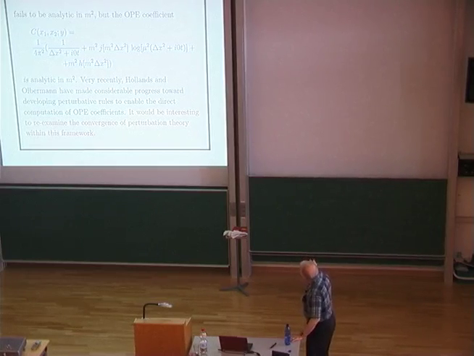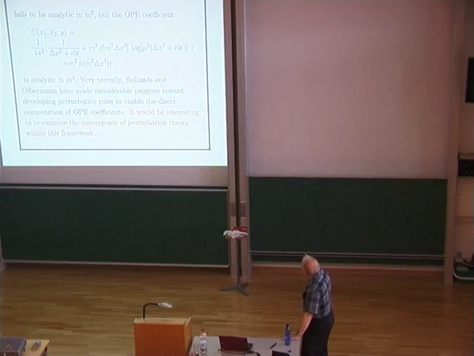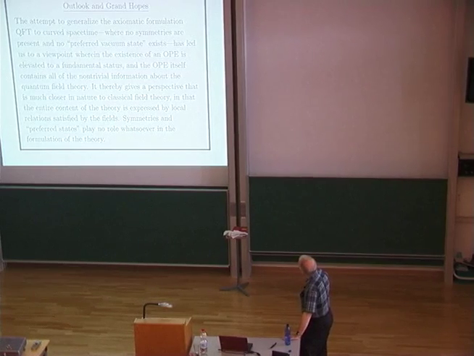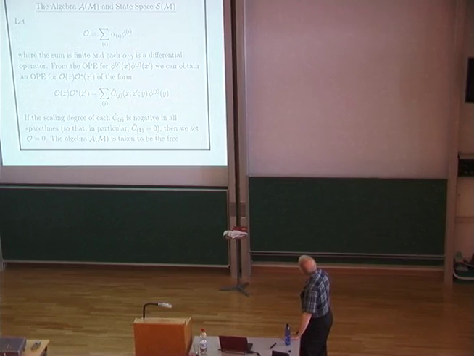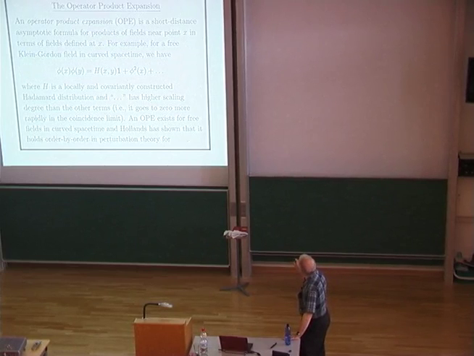I won't go into all of the reasons why it's really necessary to do this, but apart from trying to make something analytic in m squared, the claim is that to properly define the operator product expansion, one has to introduce a length scale mu squared. The ambiguity in choosing the mu squared corresponds to an ambiguity in defining phi squared.